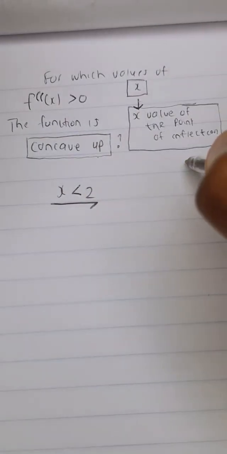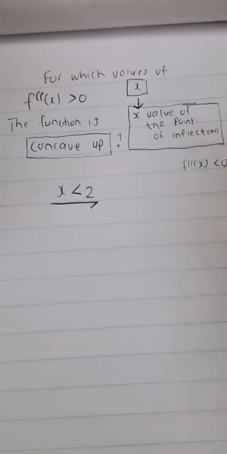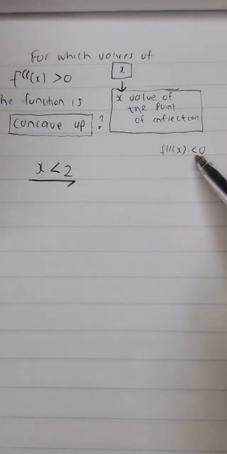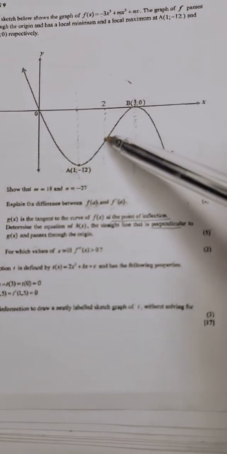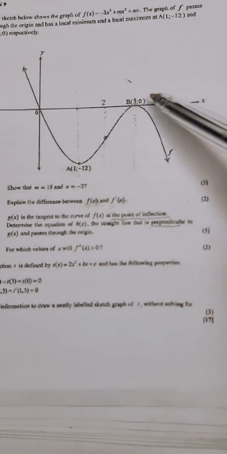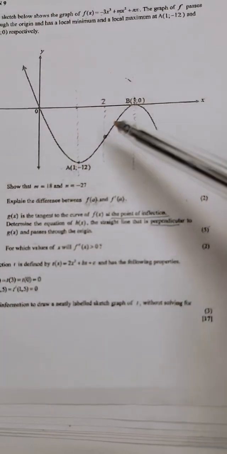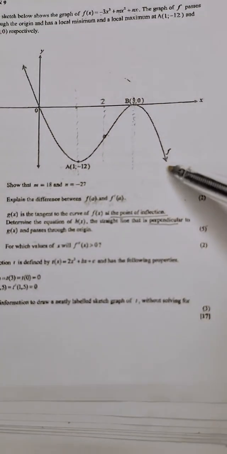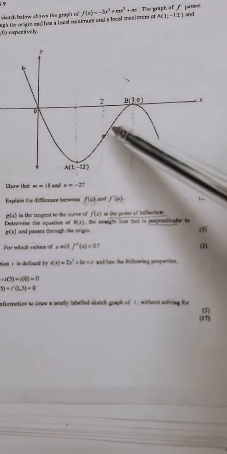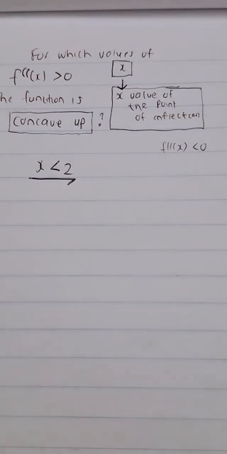If the question had said f double prime x less than 0, then they are asking where the function is concave down, and that's where x is greater than 2. When x is greater than 2, the function is concave down. But when x is less than 2, the function is concave up. Okay, I hope that's clear for all of us.